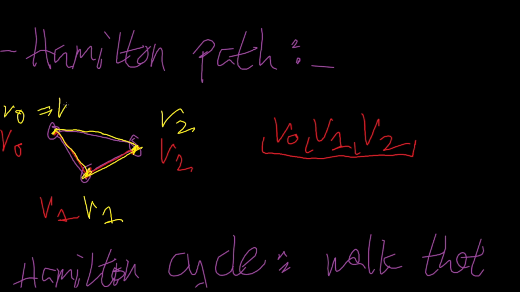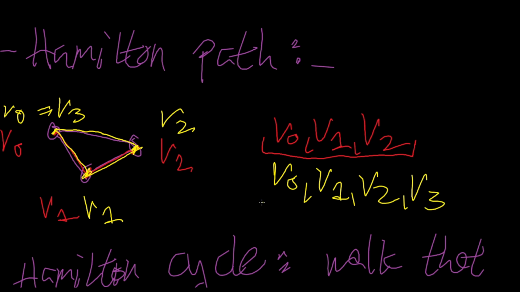So V0 is equal to V3, then V0, V1, V2, and V3 will be a Hamilton cycle.